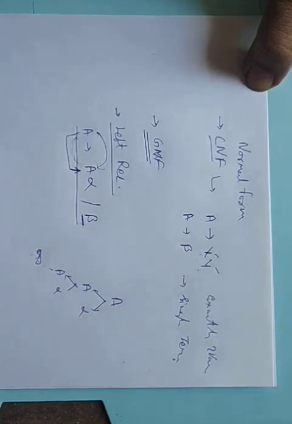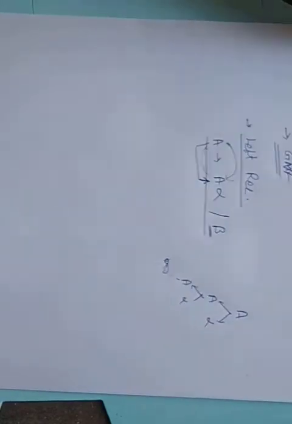So if any grammar has left recursion, how do we remove it? For removal of left recursion, there is one formula. Let's pick that formula.